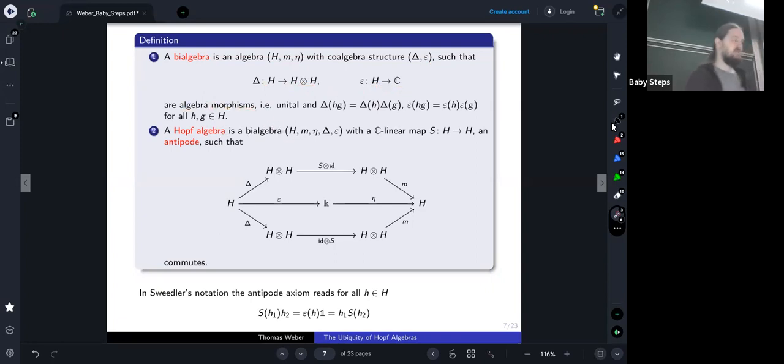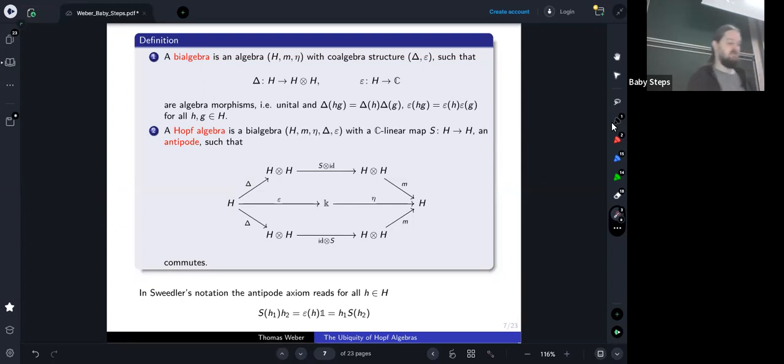You know this, but just saying it out, this means those are unital maps satisfying those properties here. So just algebra maps. And maybe here one should specify what the algebra structure on the tensor product is. This is just the tensor product algebra, meaning you multiply the first one with the first one and the second one with the second one.